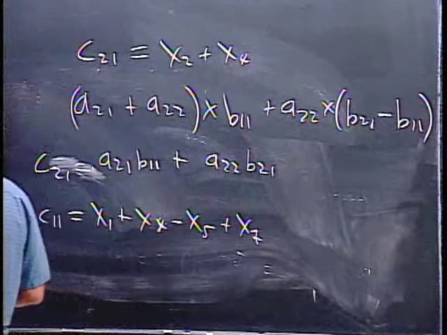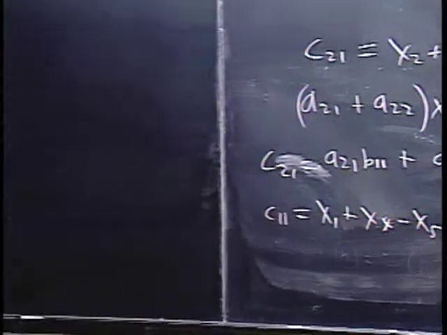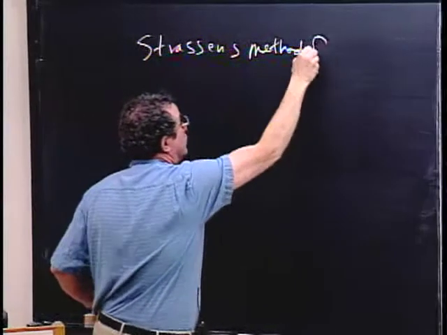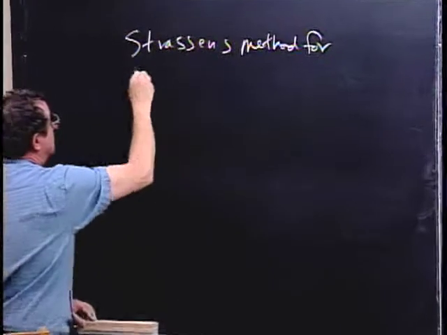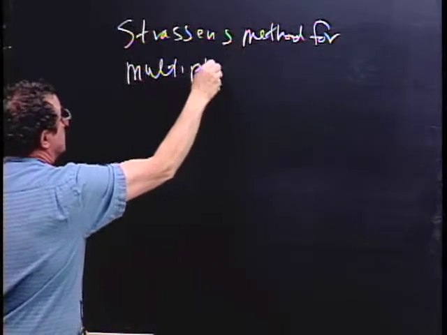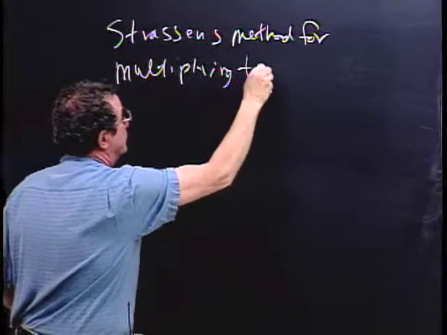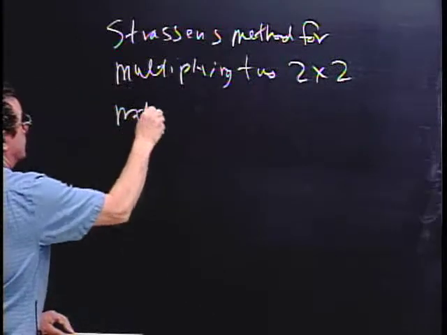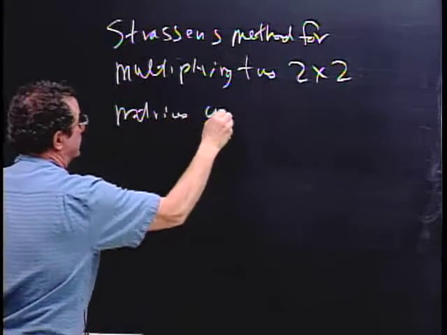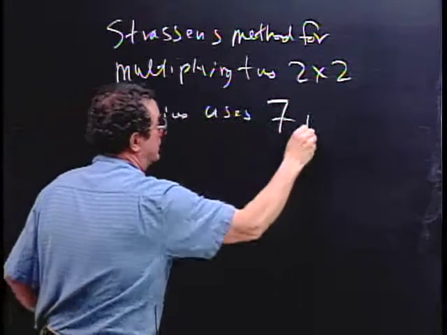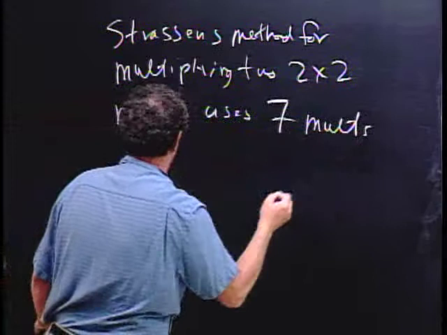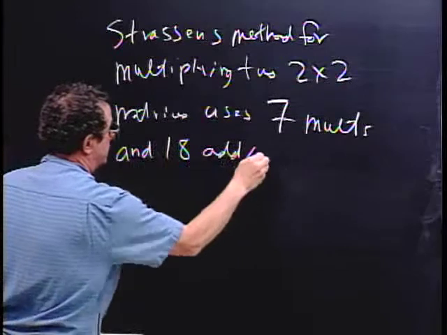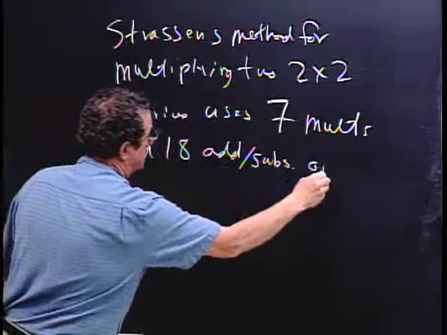So Strassen's method for multiplying two 2-by-2 matrices uses 7 multiplications of individual numbers and 18 addition subtraction operations. Okay?